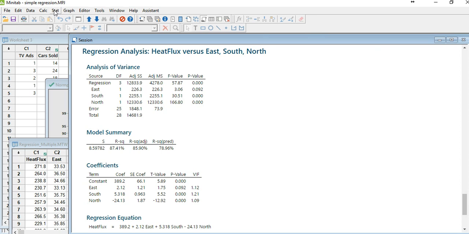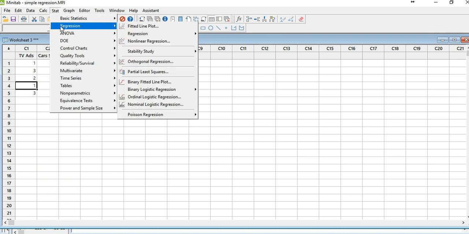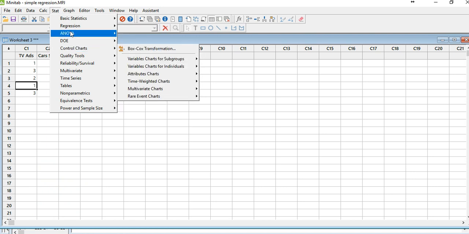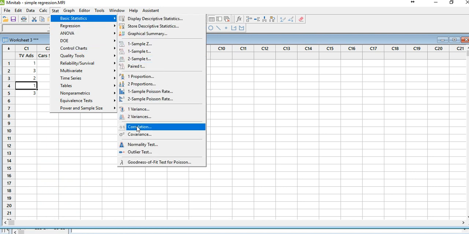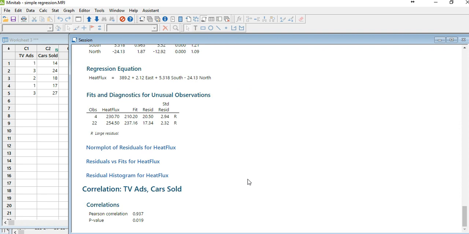Okay. Finally, let's see the correlation, and again we use this TV ads data. Go to Stat, Basic Statistics, Correlation, and delete. So the first variable is TV ads, the other variable is cars sold, and then we hit OK.